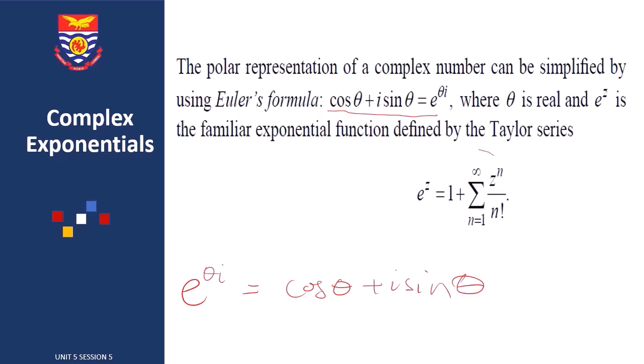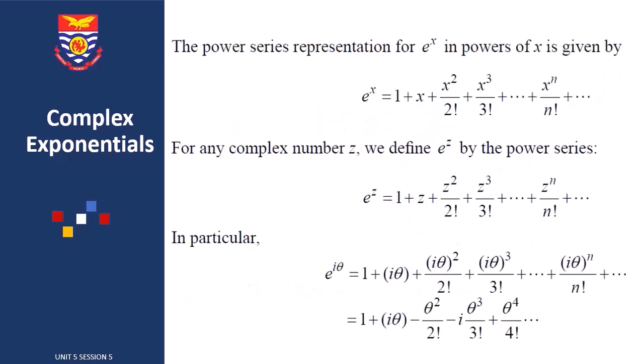By using the Taylor series, we can find the exponential of e as this expression. The power series representation for the exponential function e raised to the power x is given by this, and e raised to the power z is also given by this.